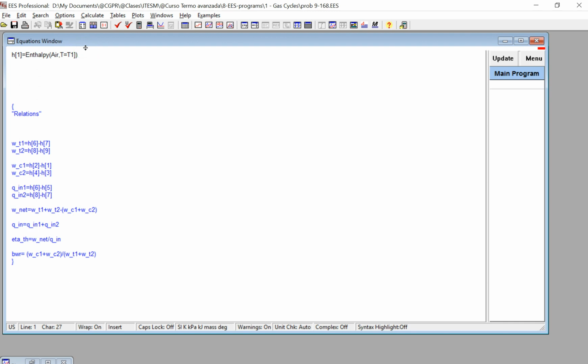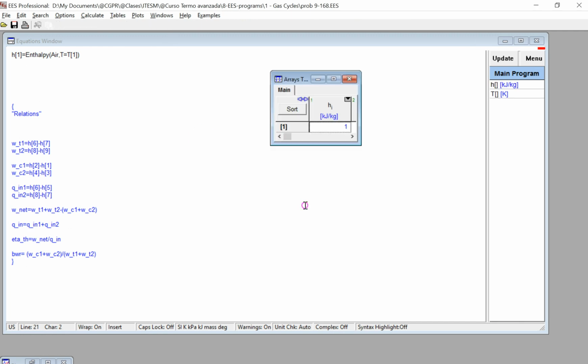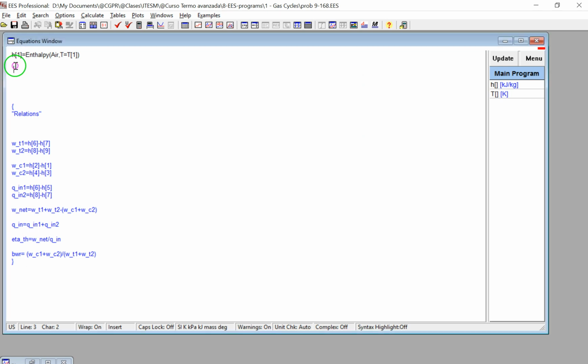So if I press F2, I have one equation with two variables, and I have this error. So I need to find out, I will define T1 since I know it from the program: 300 Kelvin.